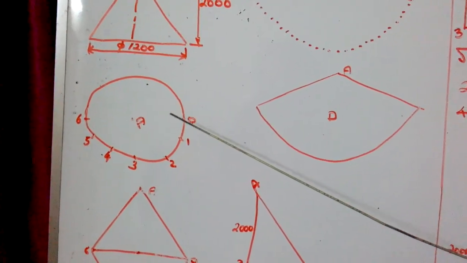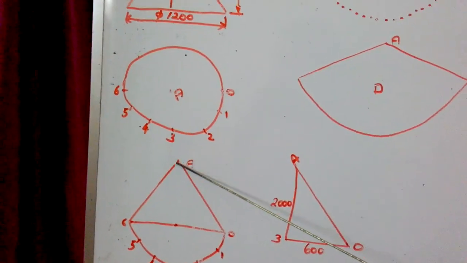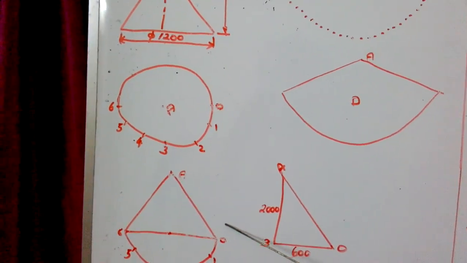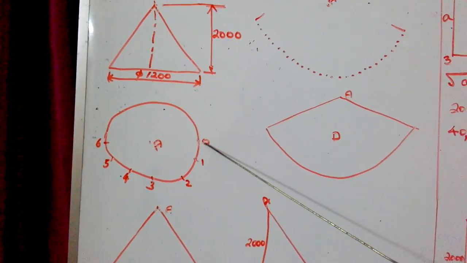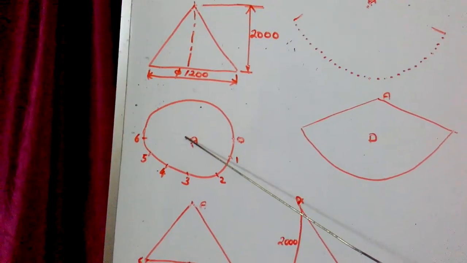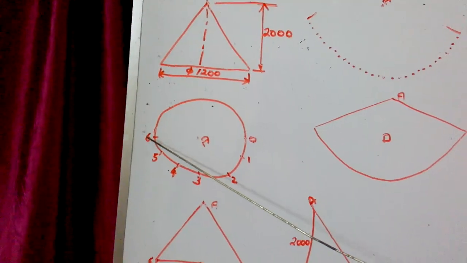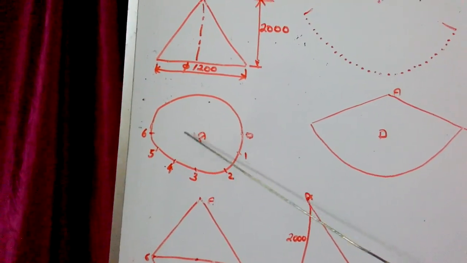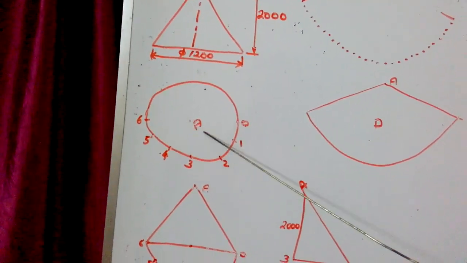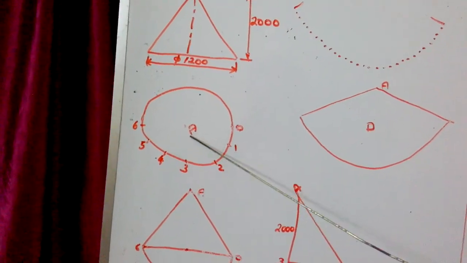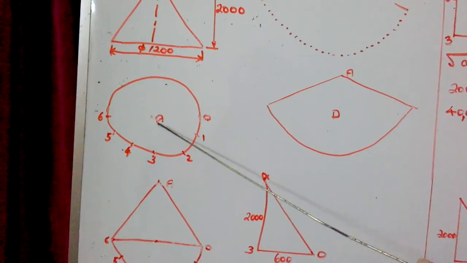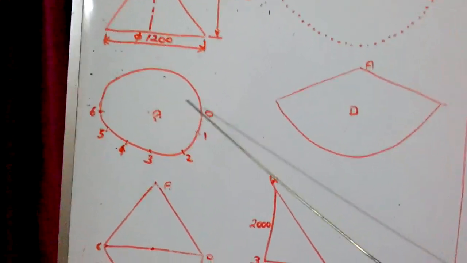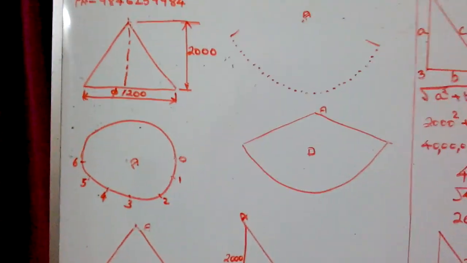If we think of it as a plan, A to 0, I shall show it in plan, A to 0. This measurement will be the same as A to 6. If A to 6 is the same, A to 5 also will be the same, A to 4, A to 3, A to 2, A to 1, A to 0, and all measurements from this point A will be the same.